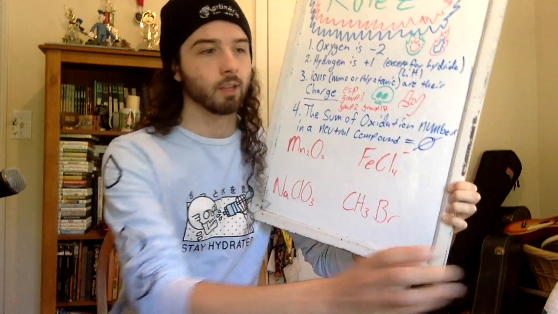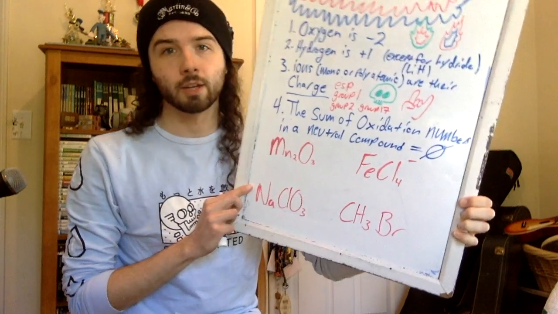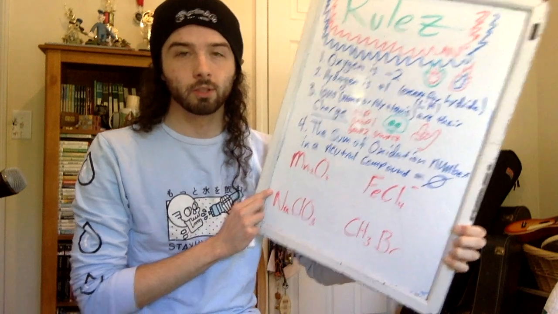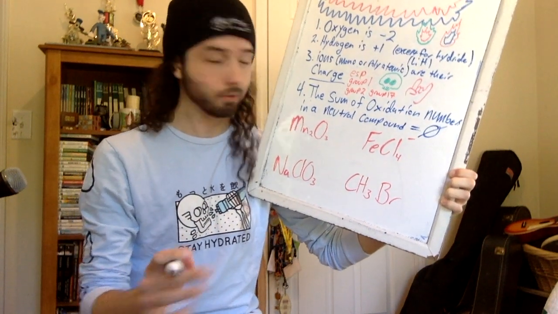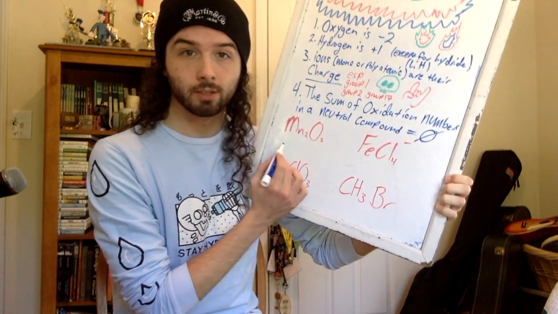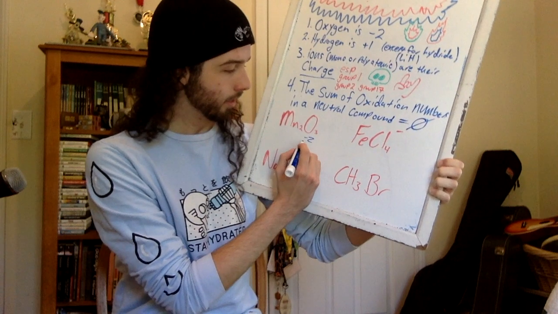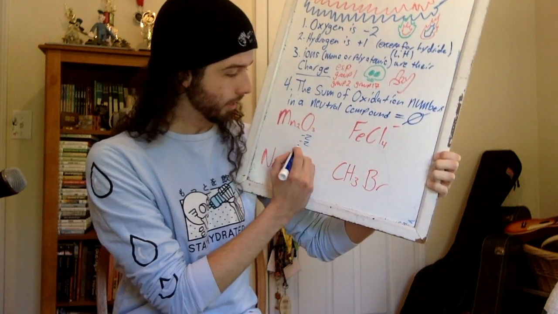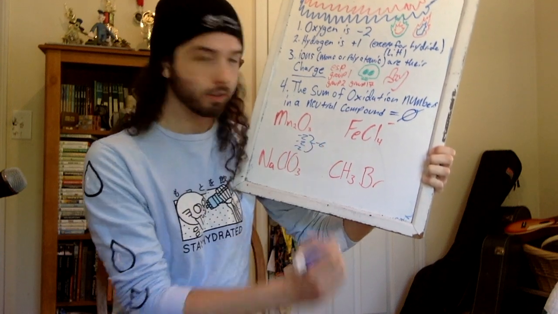Let's take our compound with manganese and oxygen. Looking at our rules, we know every oxygen is a -2. We have 3 oxygens here. This is Mn2O3. So that means we have a -2, another -2, and another -2. All together, that makes -6. Quick math.